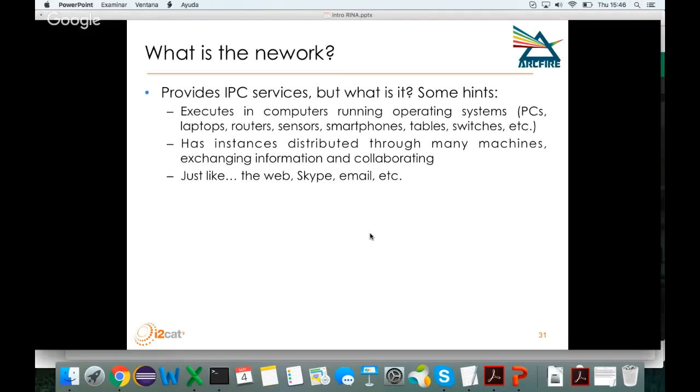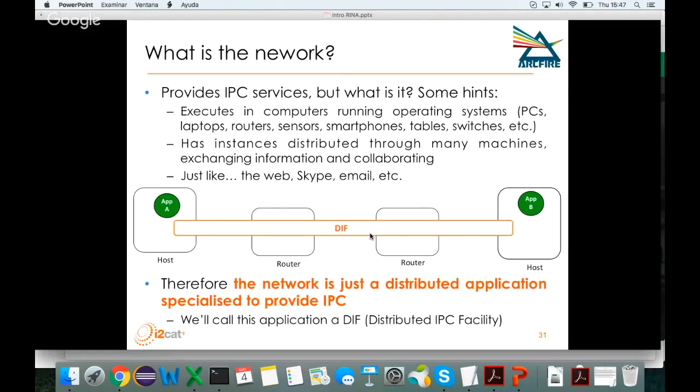Protocols have instances distributed through many machines, exchanging information and collaborating. Right? You have routers, you have PCs, you have servers, everything with instances of networking talking together via distributed protocols, just like the web, Skype, email, and so on. So the network is nothing special. It's just a distributed application itself, which is specialized to provide IPC.